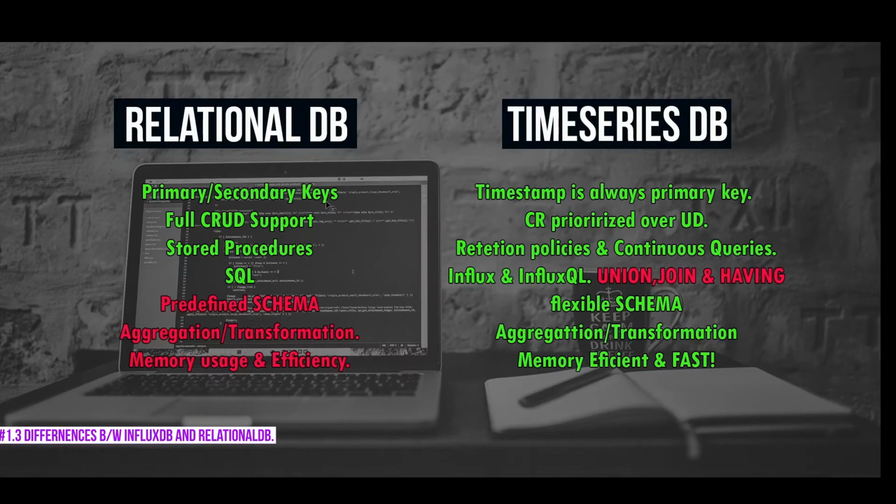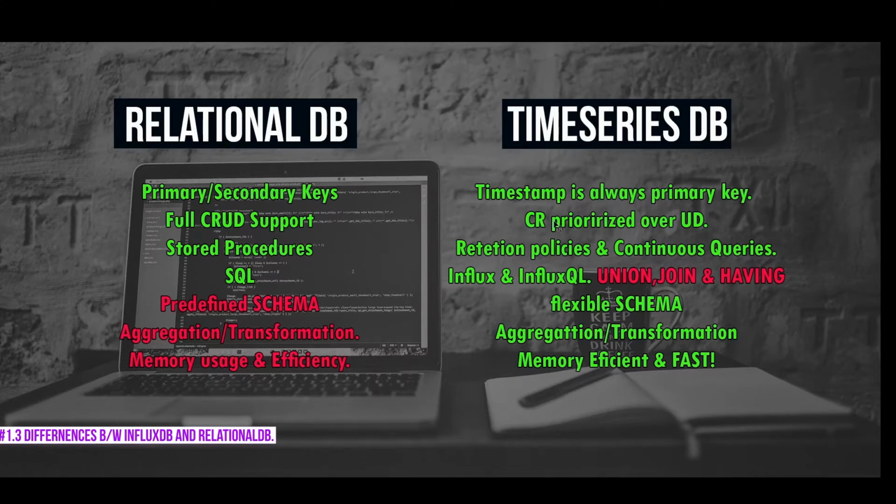Here is a quick comparison between a relational database and a time series database. When it comes to a relational database, you can have any number of primary or secondary keys, whereas with a time series database, timestamp is always the key. These design choices are made to make a time series database work extremely efficiently with time series data. Next, a relational database supports all the CRUD operations: create, read, update, and delete.